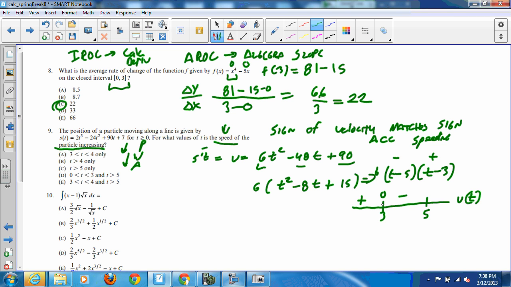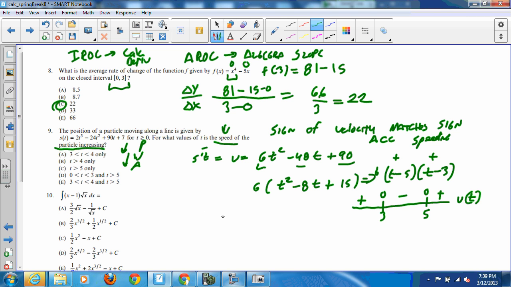So the particle's moving to the right between 0 and 3, and it's moving to the left between 3 and 5. And let's see what happens when it's bigger than 5. So pick 6 or 7, it doesn't matter. Let's do 6. 6 minus 5 is positive. 6 minus 3 is positive. So it changes directions and starts heading back towards the right here.